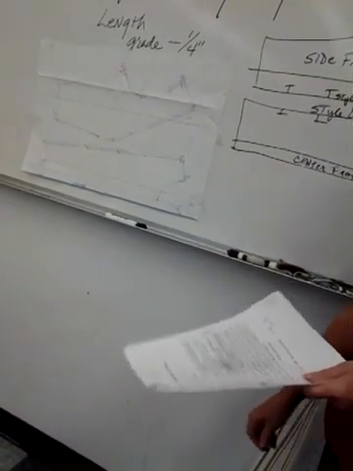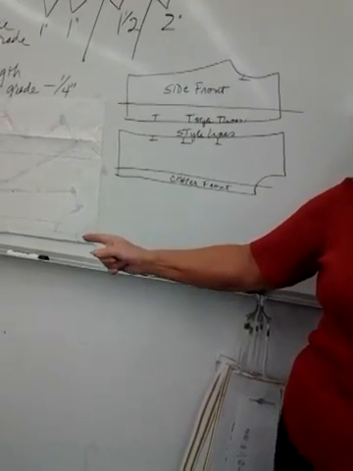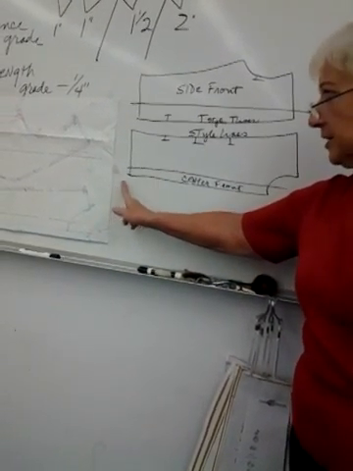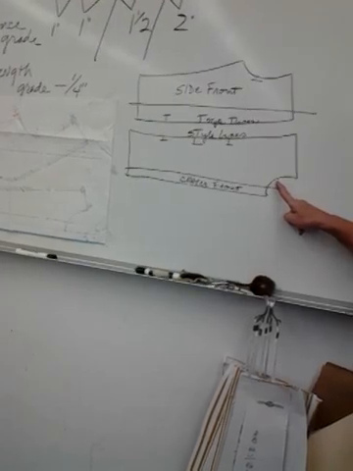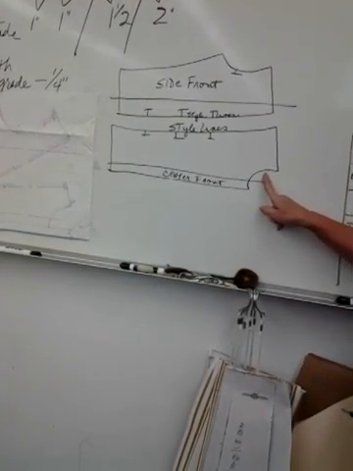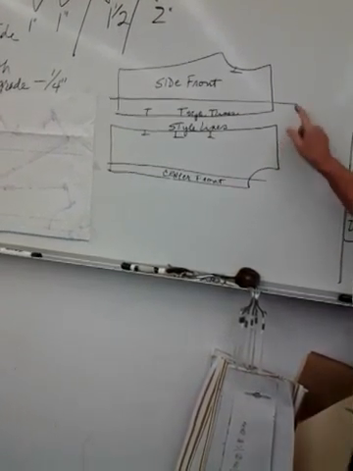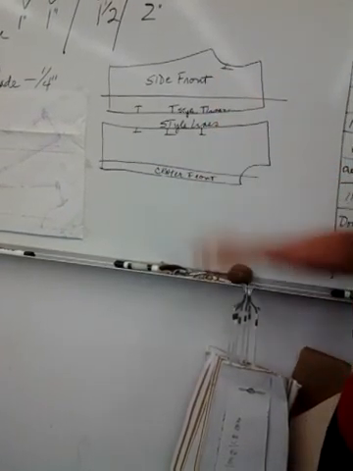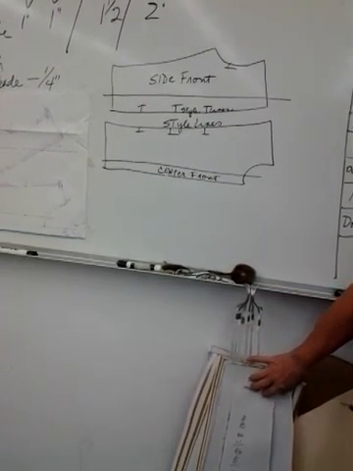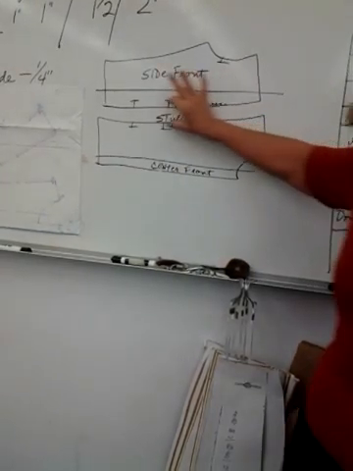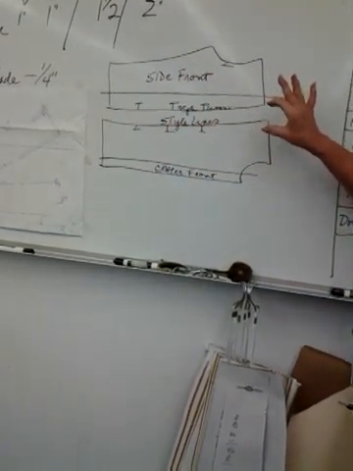So, center front, this is what your pattern looks like. You should be very familiar with the bodice now. You have a center front, you have a shoulder neckline intersection. We have style lines, just like we did the 6-cord skirt, because they sew together. So I have style lines where the dart would have been.